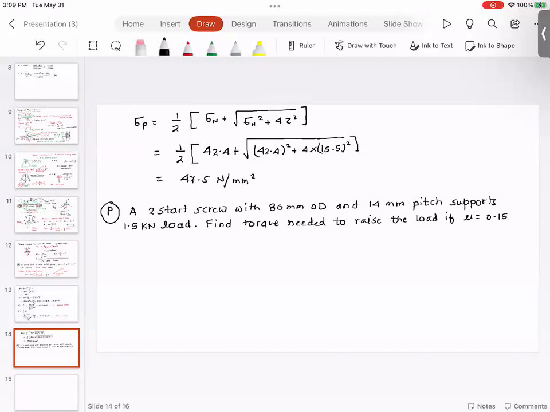Now, one thing I just want to tell you: if you look at the screw, the screw has an outside diameter and it has an inside diameter.